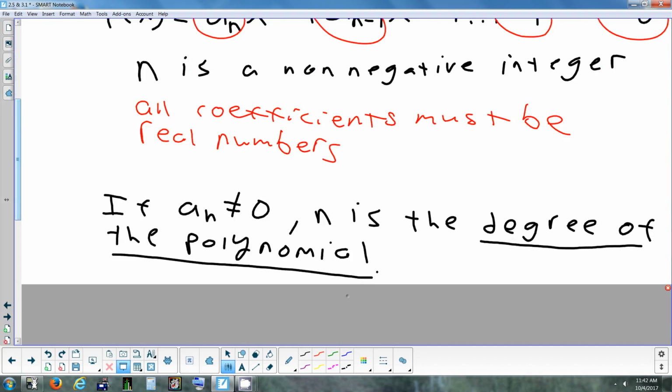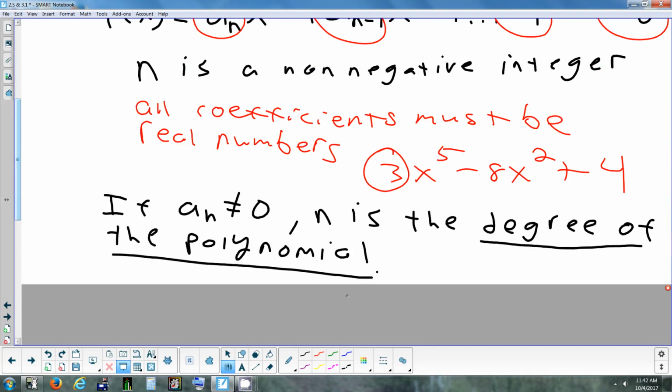Okay, if the highest degree term doesn't have a coefficient of 0, so if you had something like this, the highest degree term is right there. Okay, that's the coefficient of it. It's a 3. It's not equal to 0.